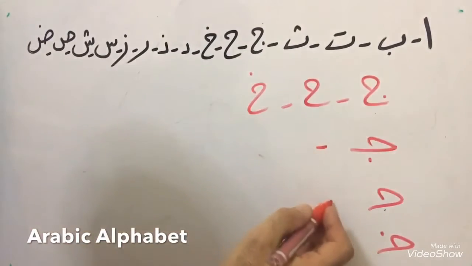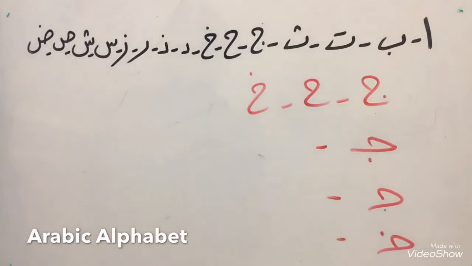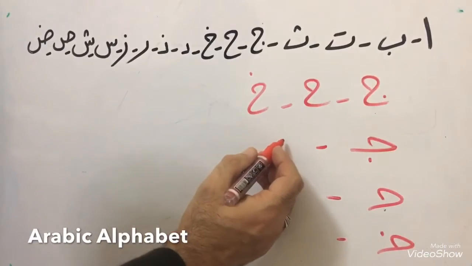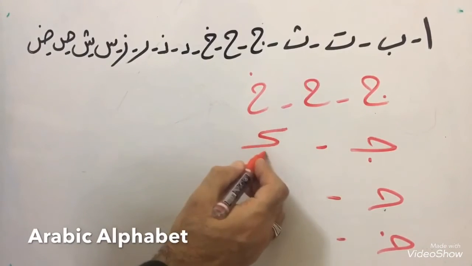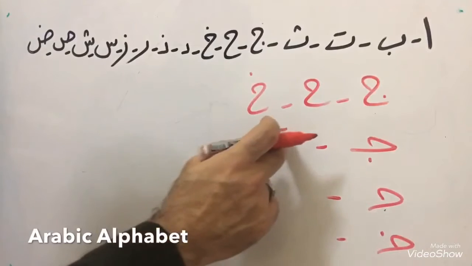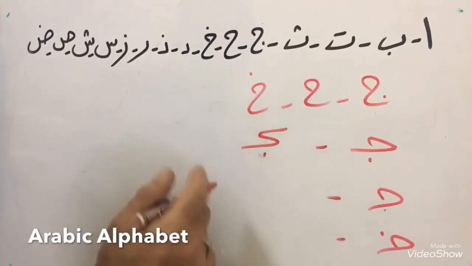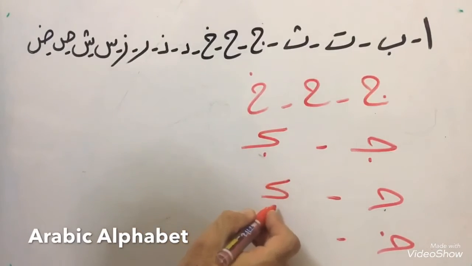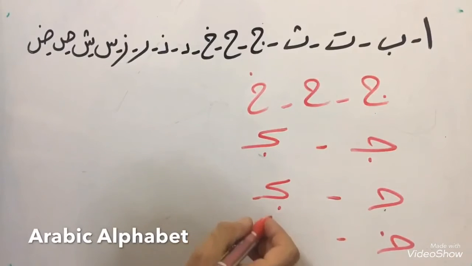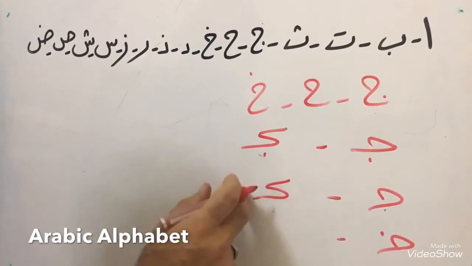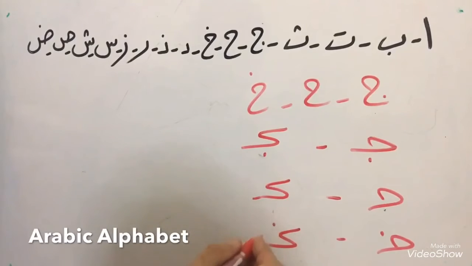In the middle of the word, we can write them in different ways. It depends on the kind of writing that we use. So they are like this, for example. They have two hands: Jim, Ha, and Kha.